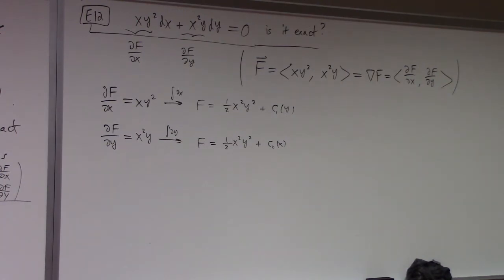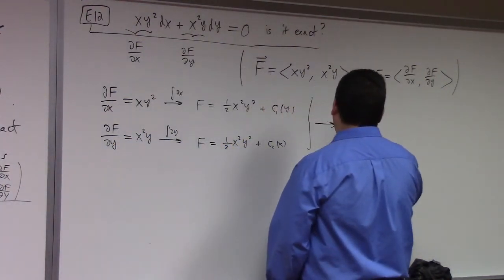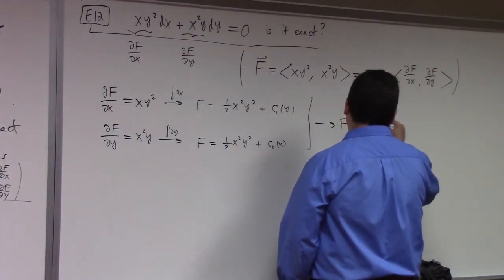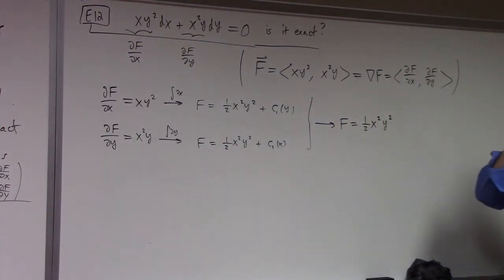Now, the mistake students sometimes make is just to add these. That's just silly, right? You should pick the common terms and then check your answer by taking the total differential. So I take these two things, I look at them, and I go, aha! This tells me that I should use f equals 1/2 x squared y squared. That's a good level function.